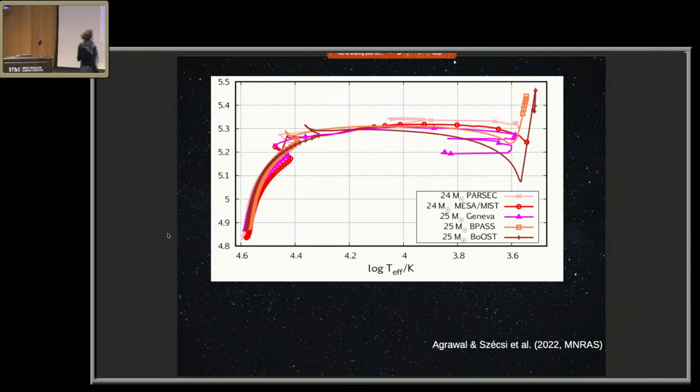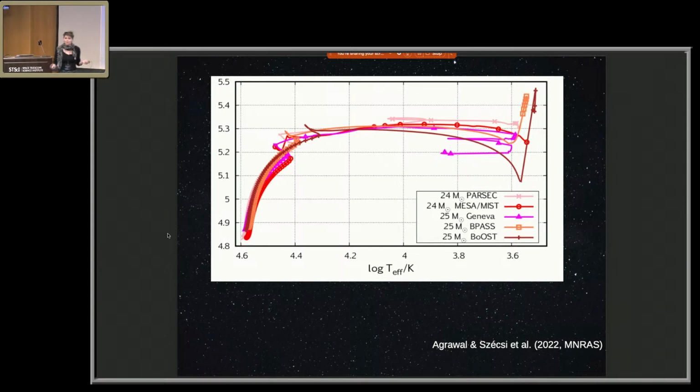There are various discrepancies. For example, the end of the main sequence region is kind of shady, and it's not clear whether the stars have a blue loop or a blue supergiant phase or not, and the red supergiant phase is not covered the same way. But more or less, especially the main sequence, which is maybe the most important phase, it's a good fit, right?